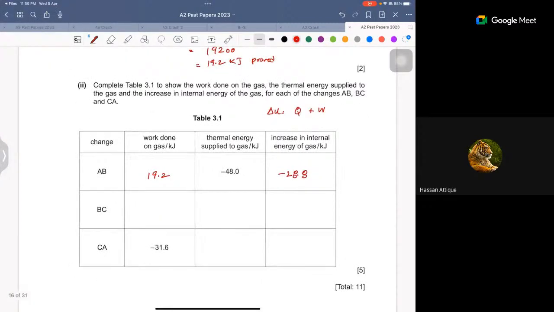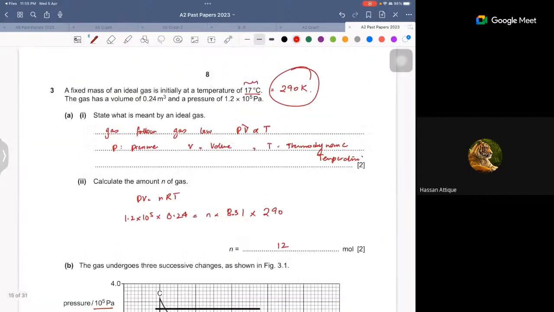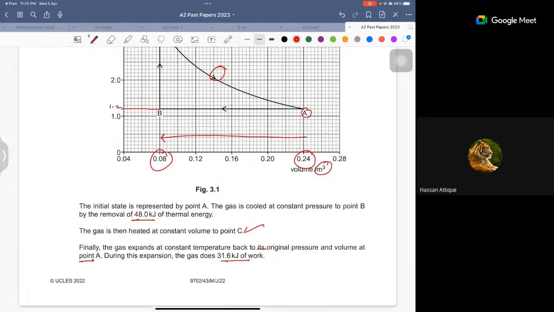And then we have no values here. And for CA, they have given thermal. What? That's not fair. Okay, then what is happening at BC? They haven't given anything about BC. They've just said the gas is heated. But they say finally the gas expands at constant temperature back to original pressure and volume, and during this expansion the gas does this much work.